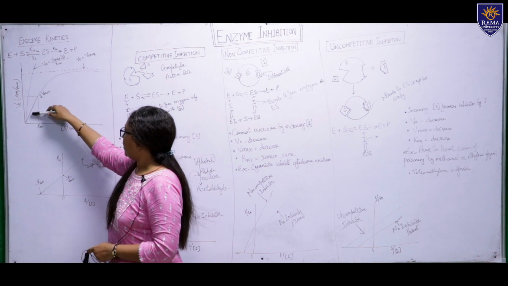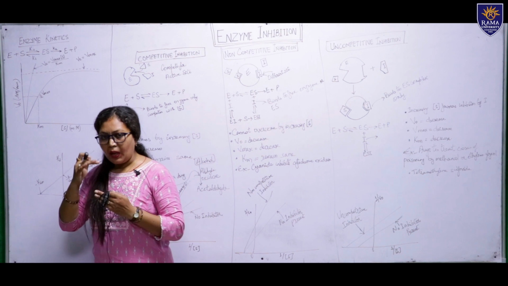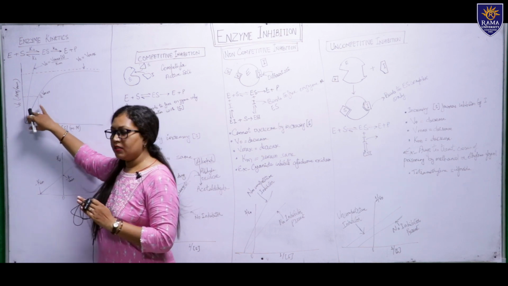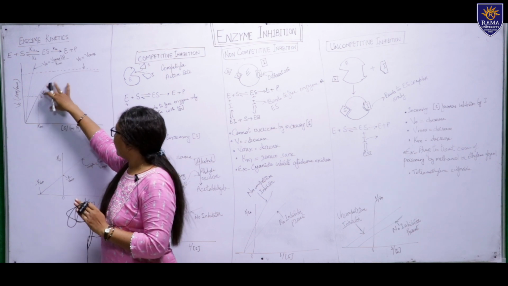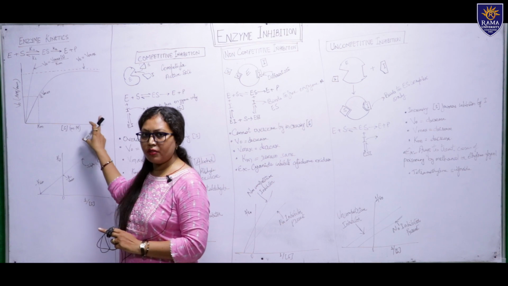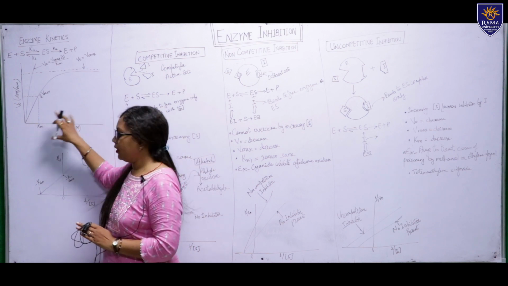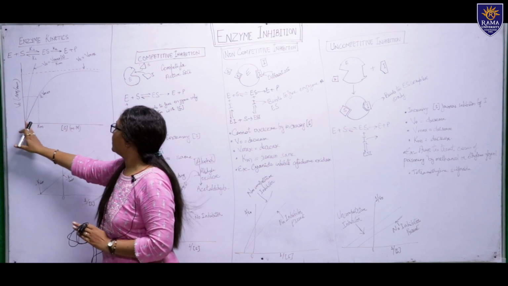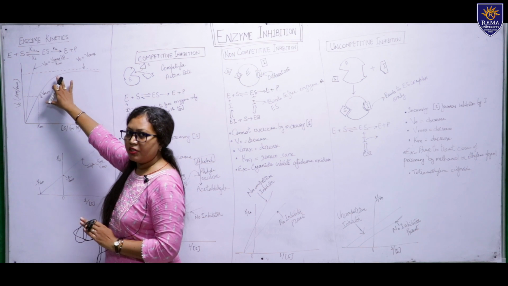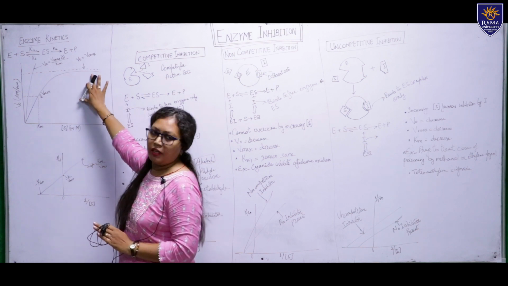The substrate is getting converted into products. As the substrate is decreasing and getting converted into product, the rate of the reaction increases with the increasing concentration of substrate. With increasing substrate concentration, the rate increases in a logistic way, and after a certain extent it reaches its maximum and then becomes stationary or stable.